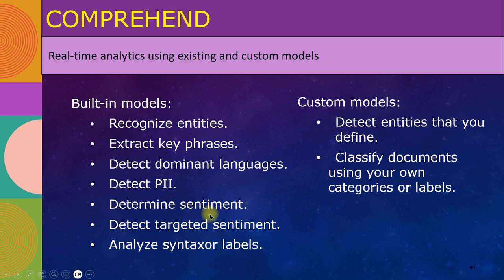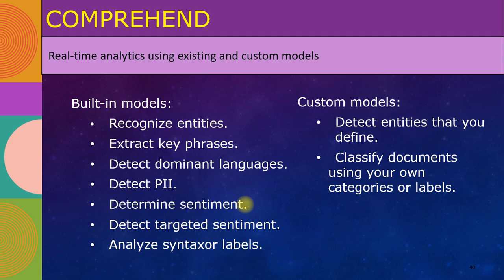So a customer tells a paragraph. It calculates the sentiment. A good sentiment. Parts of the paragraph might be a poor sentiment, but it'll give you the percentage of good and bad, etc. So it detects the targeted sentiment.